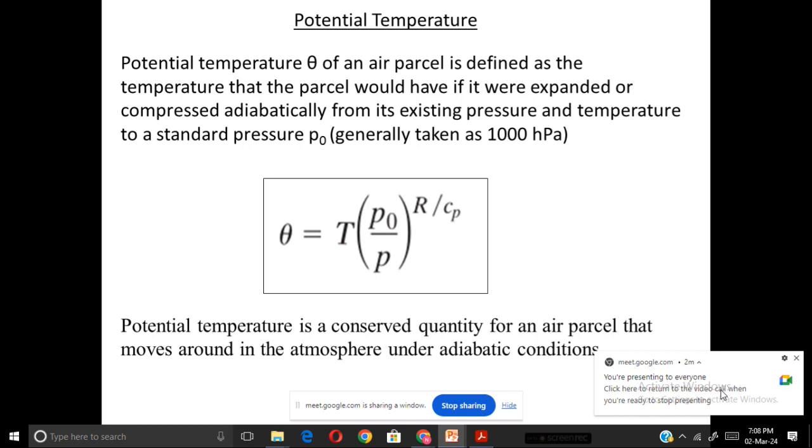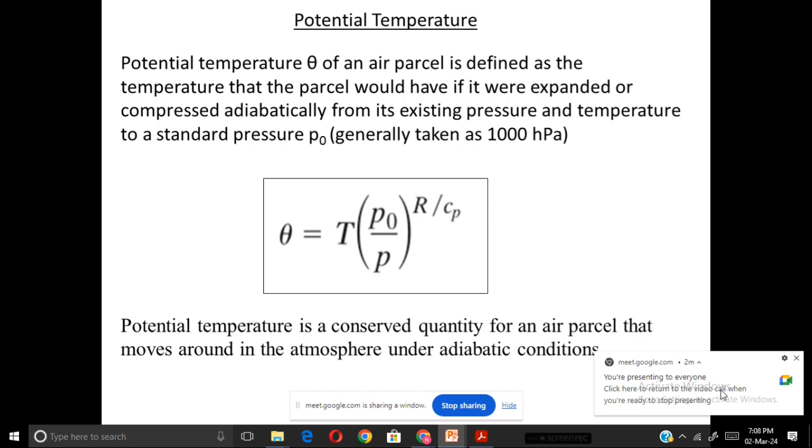Now the next temperature is known as the potential temperature. Potential temperature, represented by theta, of an air parcel is defined as the temperature that the air parcel would have if it were expanded or compressed adiabatically from its existing pressure and temperature to a standard pressure P0. Consider an air parcel in the atmosphere, present at some height, let it be 1 kilometer, 2 kilometer, 3 kilometer, something.